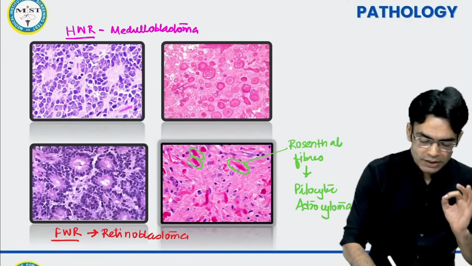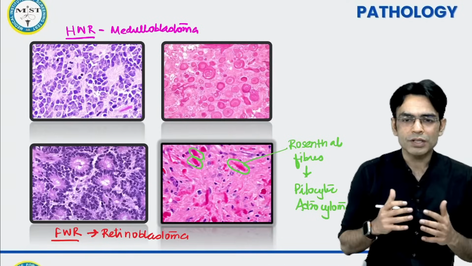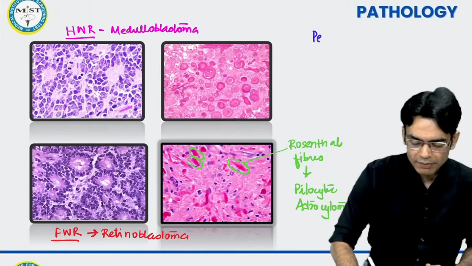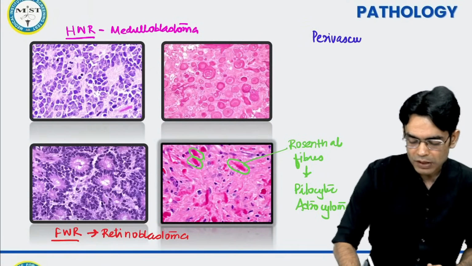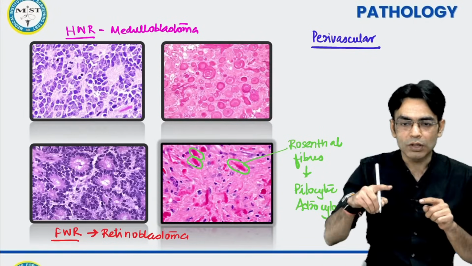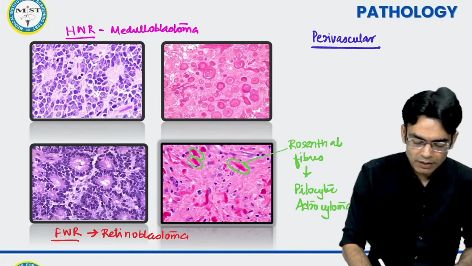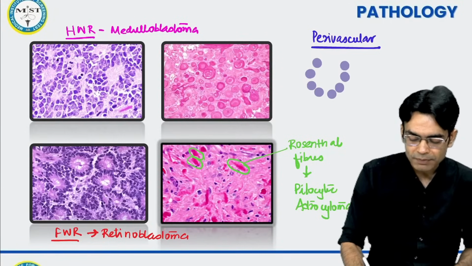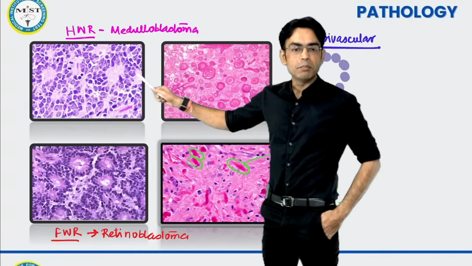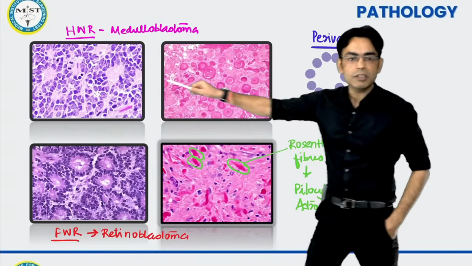ठीक है, एक और चीज है बेटा, because they are asking the question on brain tumor, so they might ask you one more thing. एक अपना होता है बेटा perivascular rosette. What is perivascular rosette? Perivascular rosette मतलब vessels के चारों तरफ. So जो आपके tumor cells है ना, the tumor cells which you have like this. अभी यहां पे देखो आप, you see here between the tumor cells you have this pink color deposit.